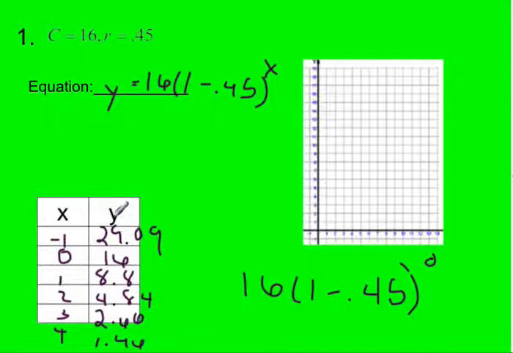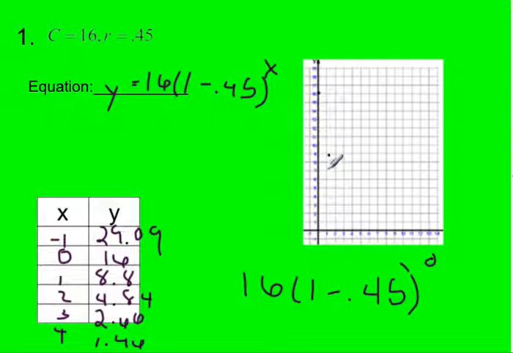So let's go ahead and graph this. -1, 29.09 is going to be off our graph, so let's jump to 0, 16. We're going over 0 and up 16, which is right here. Then we're going over 1, up 8.8, which is almost all the way to 9.